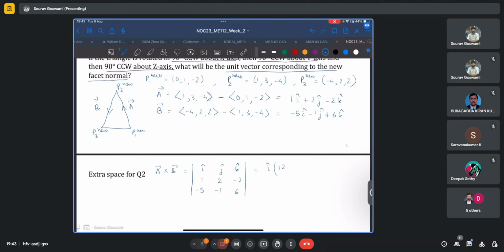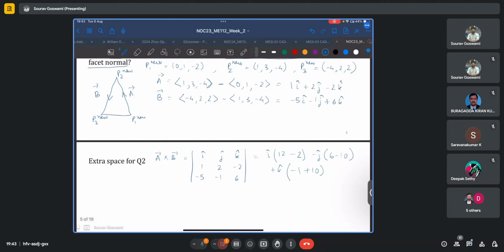So 6 into 2, 12, minus 2 into minus 1, 2, minus j hat into 1 into 6, 6, minus 5 into minus 2 is 10, plus k hat into 1 into minus 1 is minus 1, minus 5 into 2 is minus 10, so plus 10, which comes out to be 10 i hat plus 4 j hat plus 9 k hat.